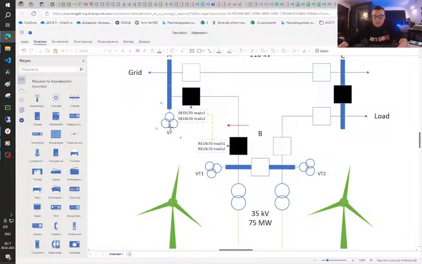And because of this we can see the non-synchronous connection of this wind farm to the grid. Sorry for the mess.